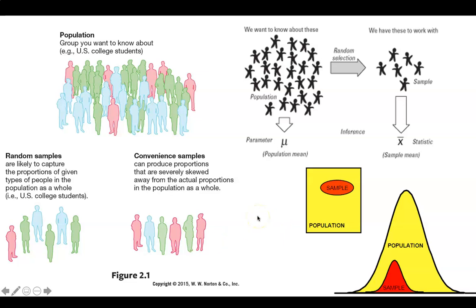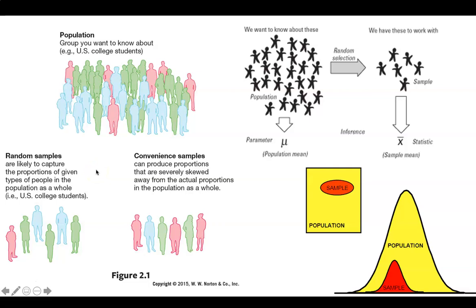To give you an overview of this, you've got the population, the group you want to study, say it's U.S. college students. And what you want to do then is find a sample. So as you have here, you've got the whole population, then you want to randomly select people from the population, meaning that everyone in the population is as likely to be surveyed as anyone else.